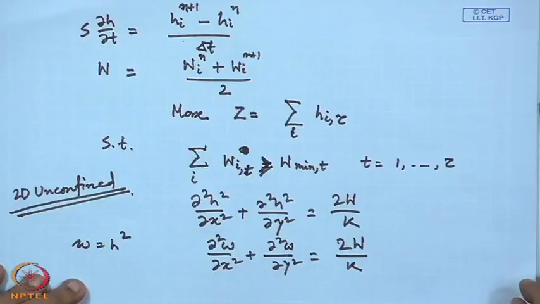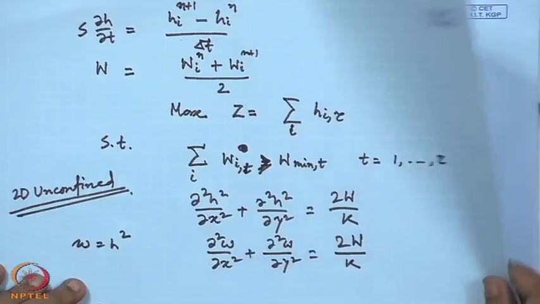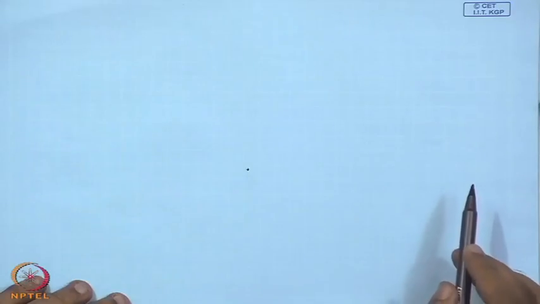We can discretize this particular equation with our finite difference formulation. Now, this is a time independent or steady state problem for the unconfined aquifer situation.